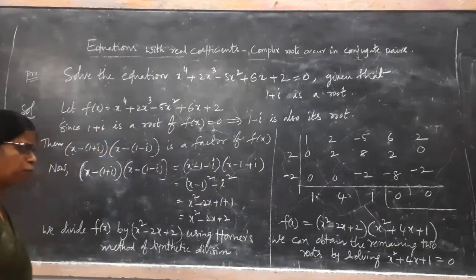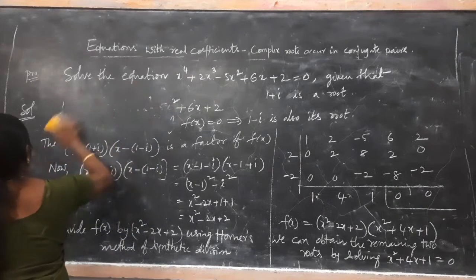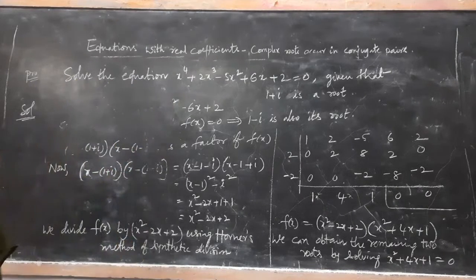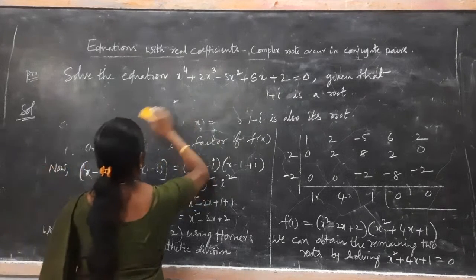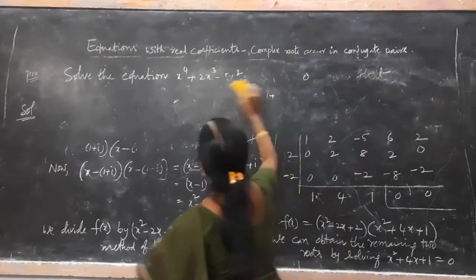It is a quadratic equation, so solving it gives two roots. Based on the formula, -b plus or minus root of b square minus 4ac, the roots are -2 plus or minus √3.